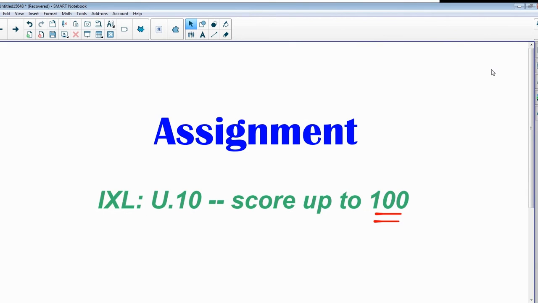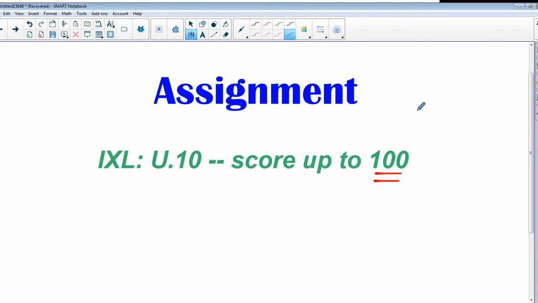All right, so the assignment now is to try to get up to 100. I don't think that you will have problems where you have no solution or infinitely many solutions on IXL. I might try to find some other ways for us to practice after this, but as of right now, I'd like you to get U.10 up to 100.